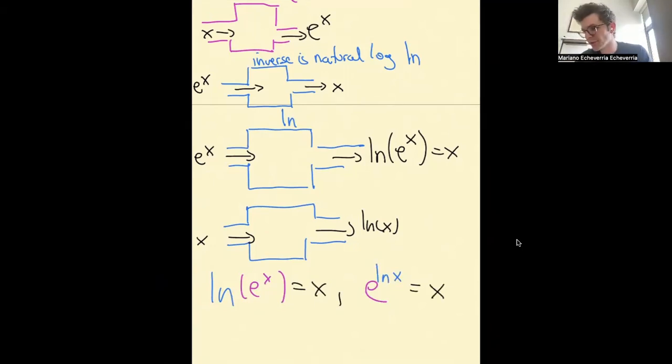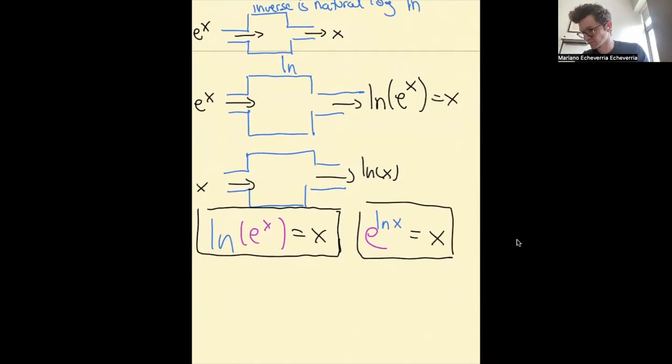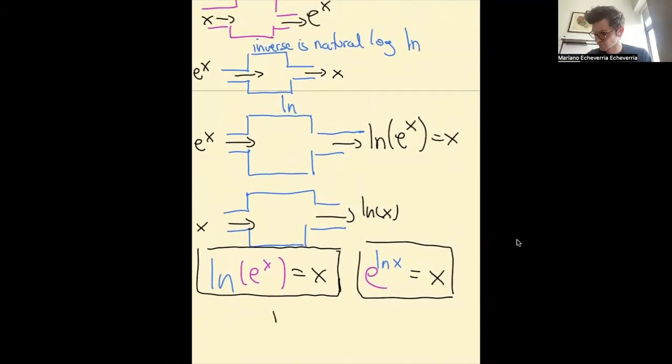So those are two important equations to have. Is that making sense?